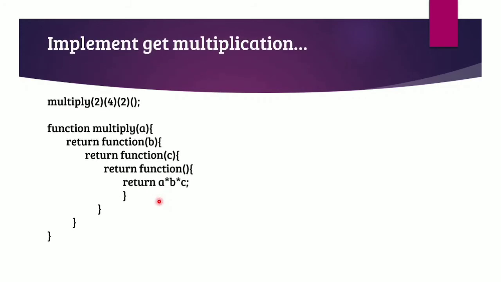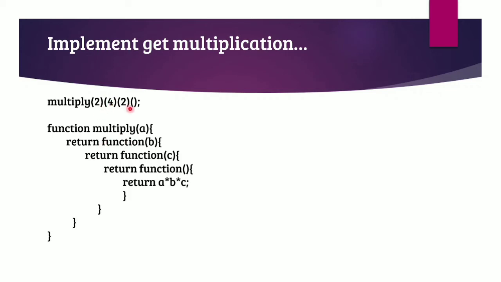In this, the interviewer has given us one method named multiply, and there written 2, 4, 2 and nothing has been given inside the fourth parentheses. And we need to implement the multiplication of these numbers. For that, we will write a function multiply and we will make use of the concept of currying.